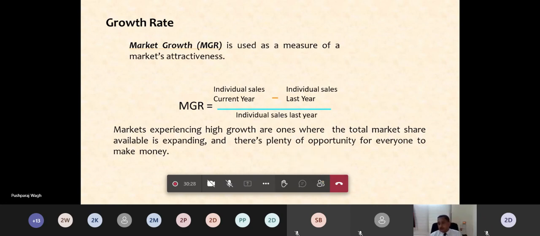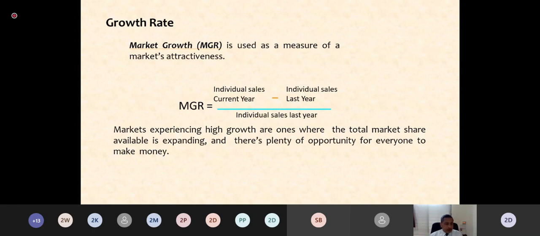So these 4 names are given to these categories, and by these names also you will be able to understand why this categorization, how this categorization is being made, to understand the particular business units' status in the company.